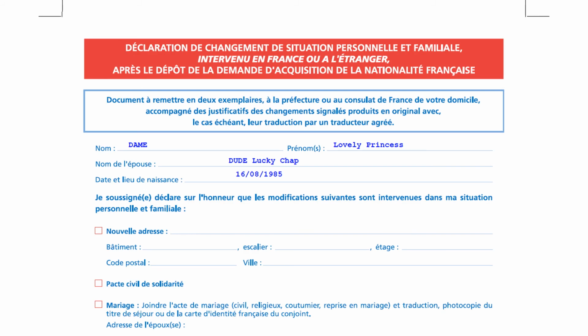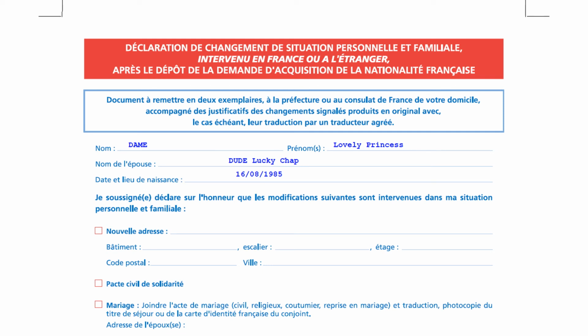We move over to the next page. On the next page, you are not expected to complete it if nothing has changed in your personal, professional, or family situation. This page will be completed if things have changed since you last submitted your application. As an example, this person got a job after she submitted her application.